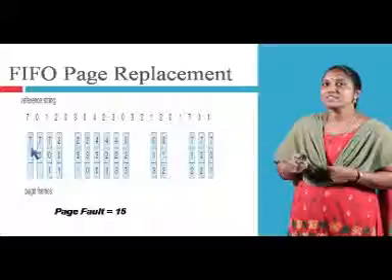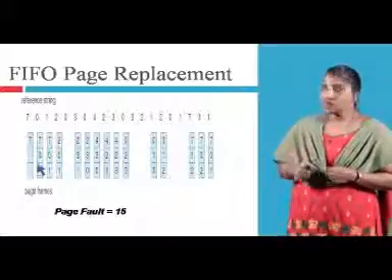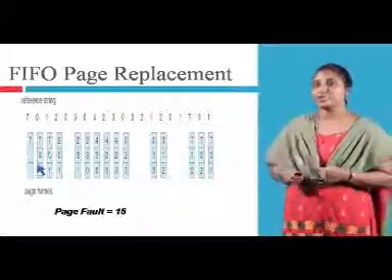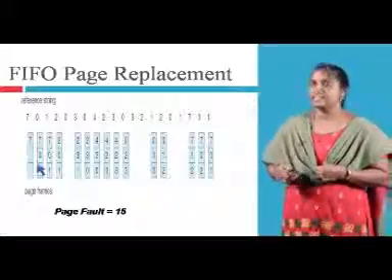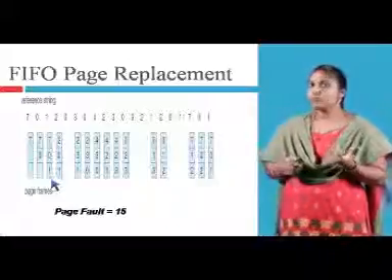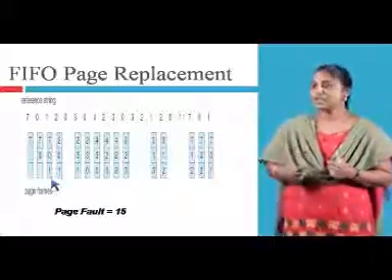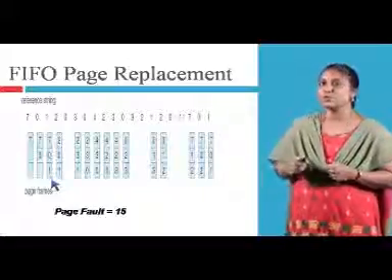The next one is 0. Page 0 is also not available in the physical memory, so we consider it the next page fault and load it. The next one, 1, is not available either, so again we count a page fault and load 1.